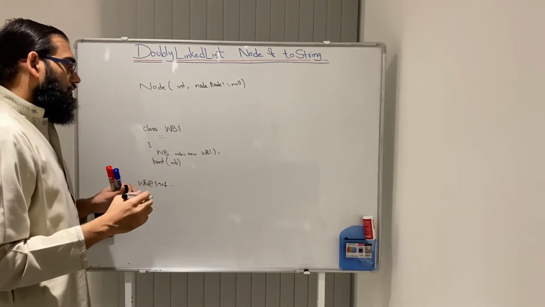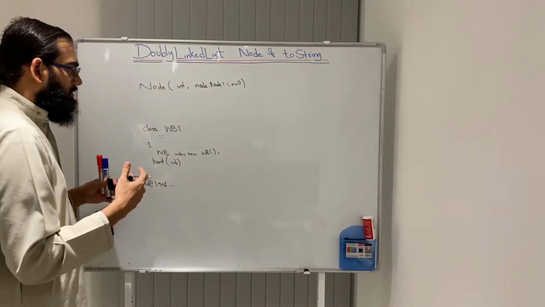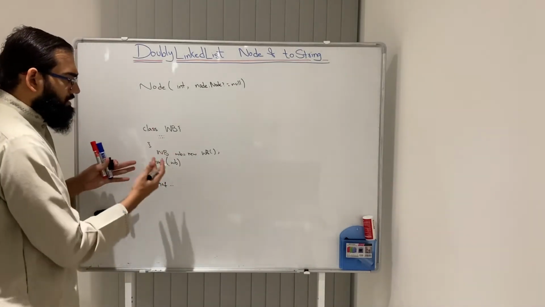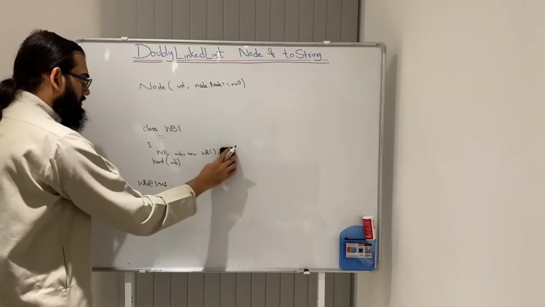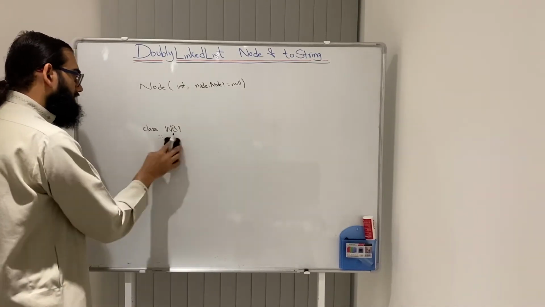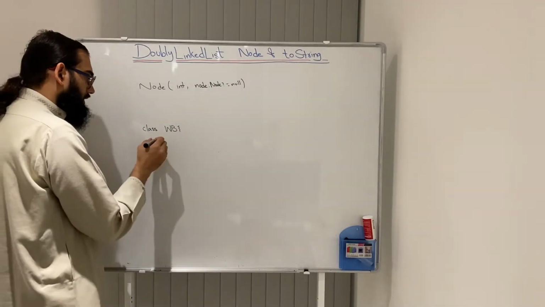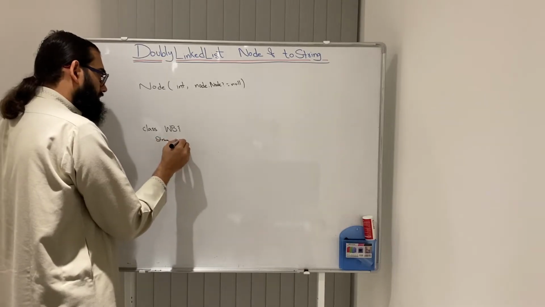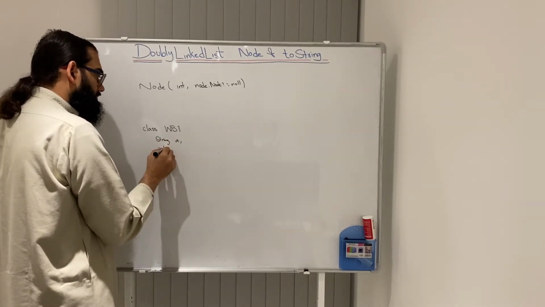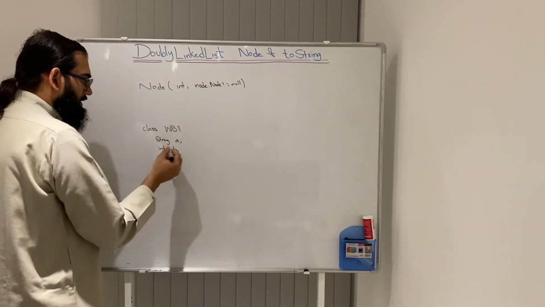Now if I want the printed information to show something which makes sense, what do I need to do? For example, this WB class has some fields, string A and integer B, and I want to print this information.